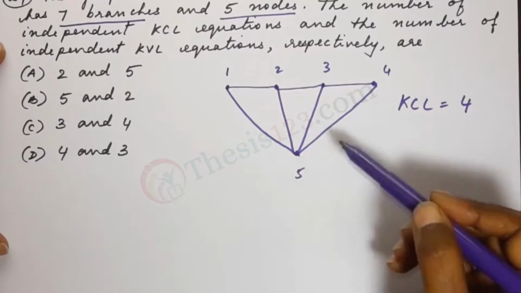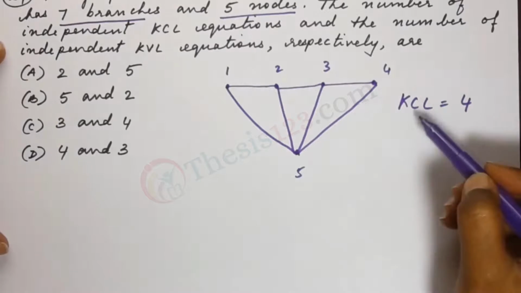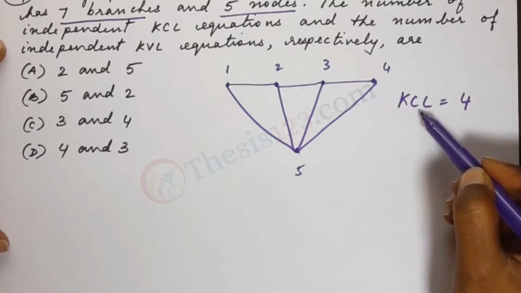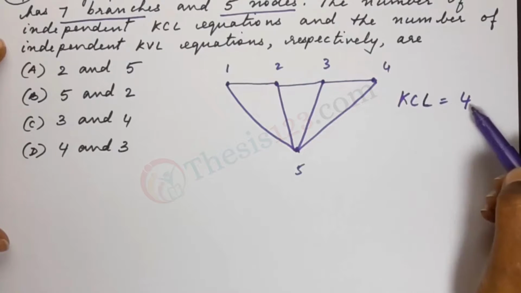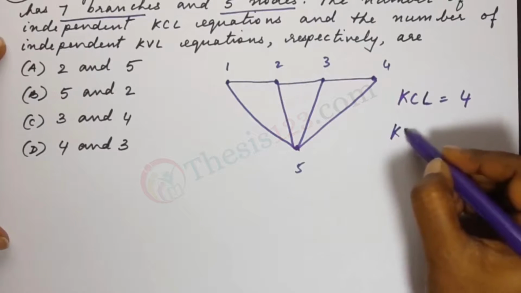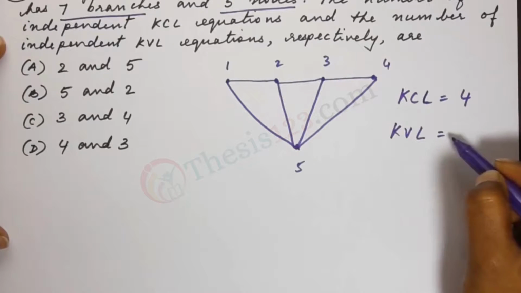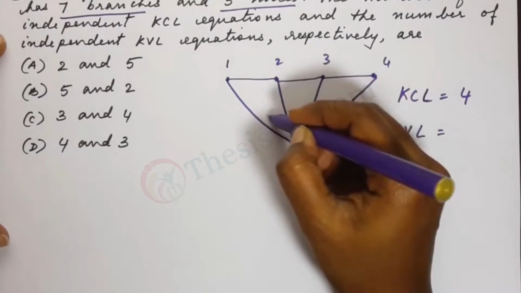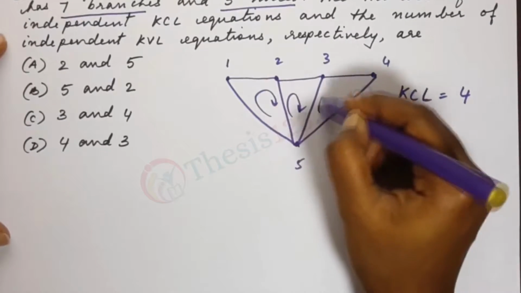So we have 5 nodes. I've drawn a random graph here. So for which, if we were to find out the number of current equations, those would be 4. And the number of voltage equations deal with the number of loops that are there in the graph. So here we see that there are 3 loops. That's 1, that's 2, and that's 3.